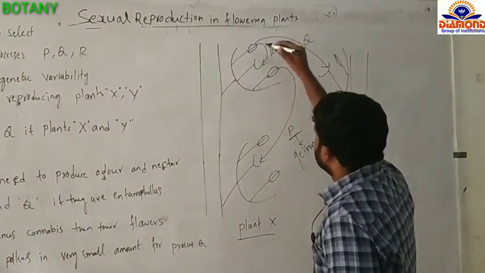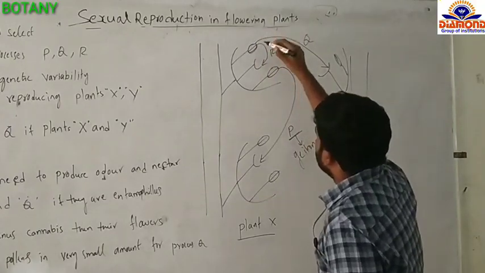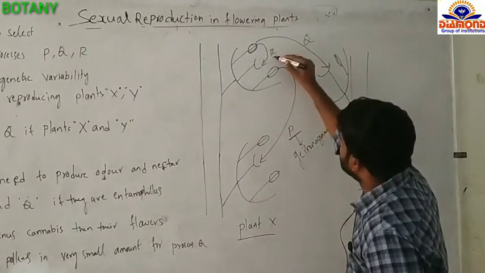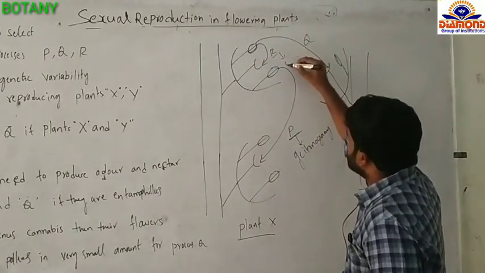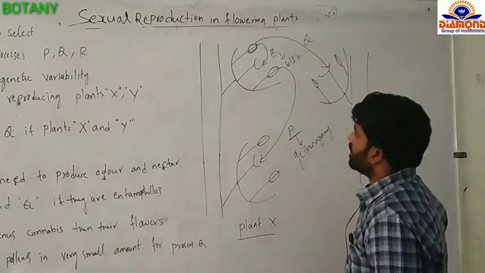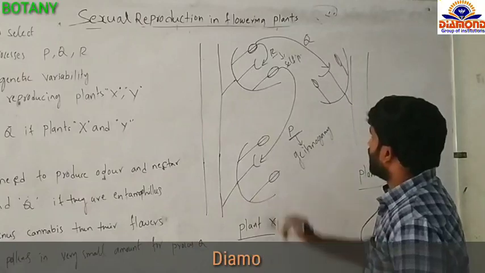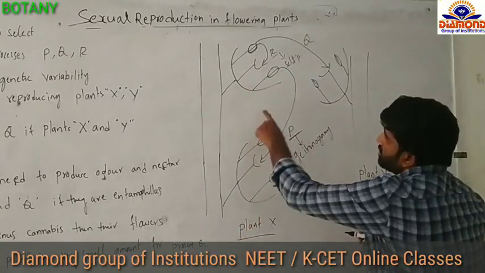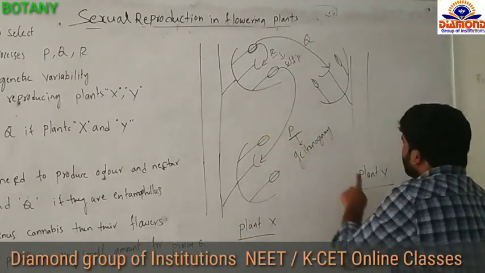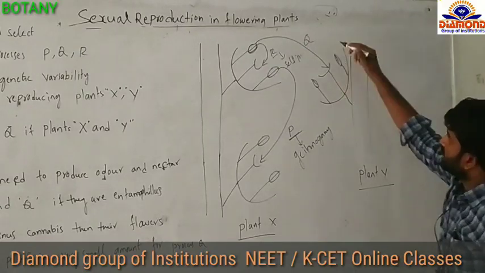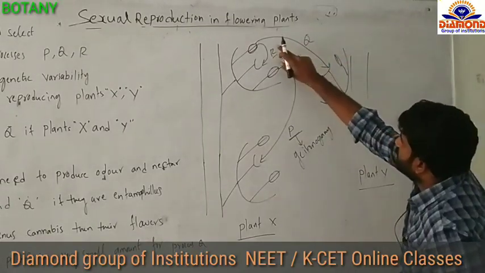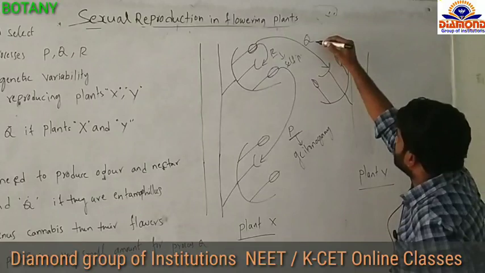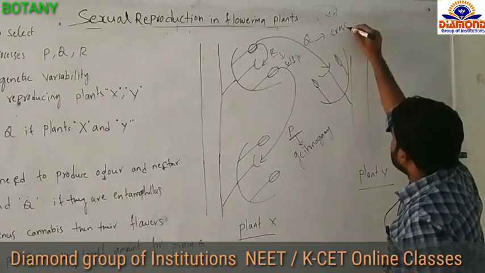The transfer of pollen grains from the stamens into the stigma of the same flower of the same plant is denoted as R. It is called self-pollination, or autogamy. The other one is labeled Q. Transfer of pollen grains from a flower of plant X to a flower of plant Y, two different plants, is denoted as Q. This type of pollination is called cross pollination.